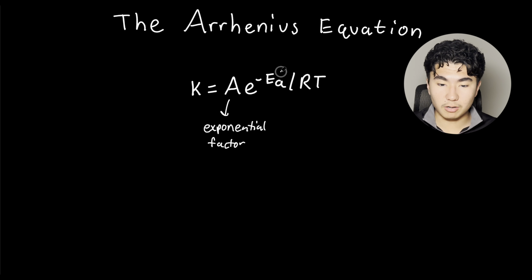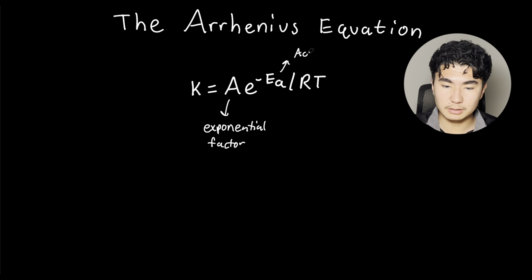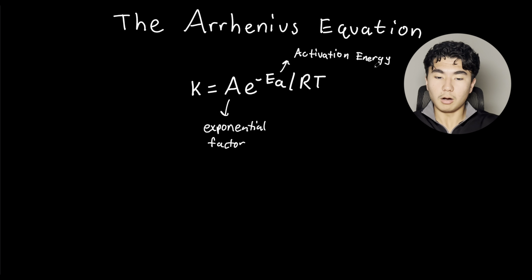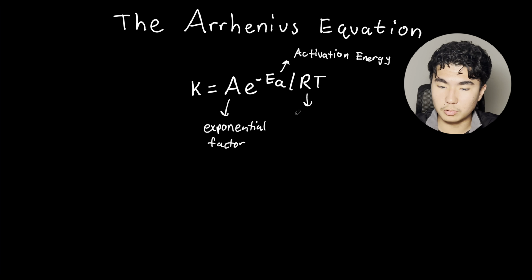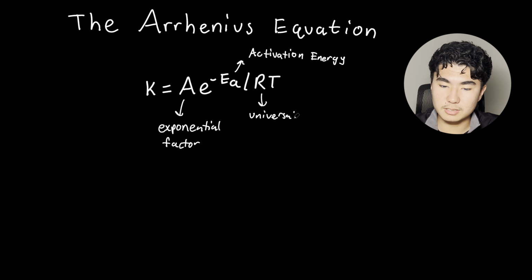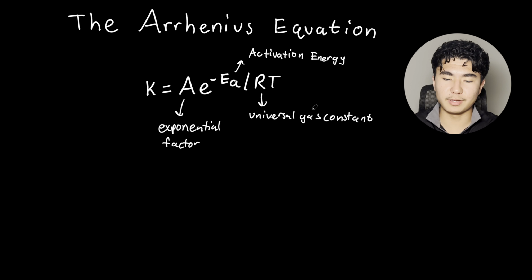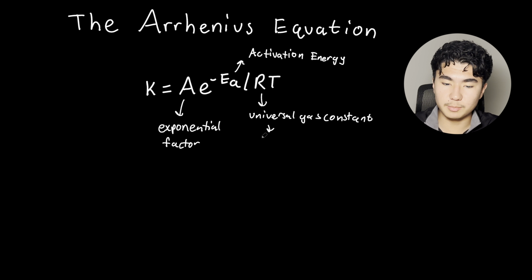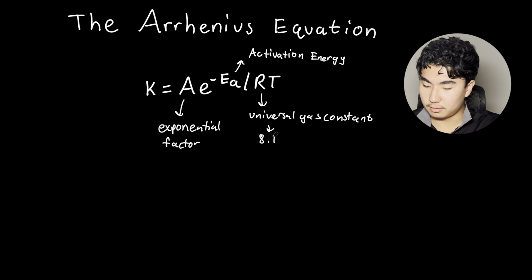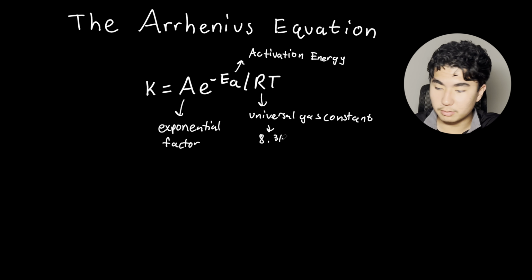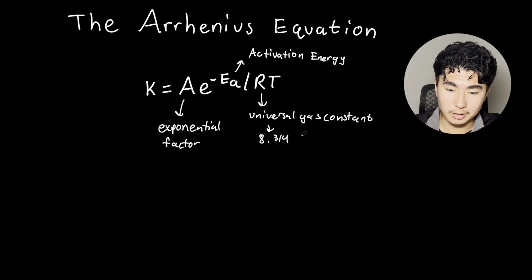Ea is our activation energy. R is our universal gas constant, but you really don't have to know that because our R is just going to be 8.314, and that should be joules over moles times Kelvin.